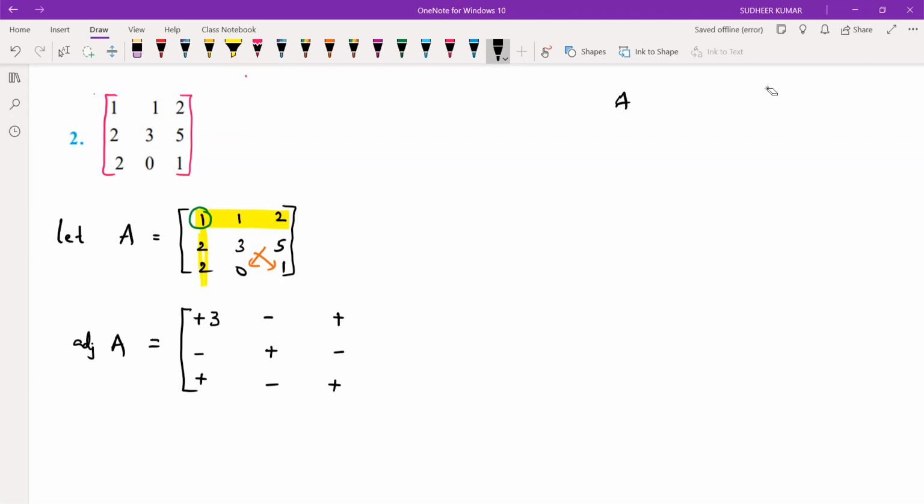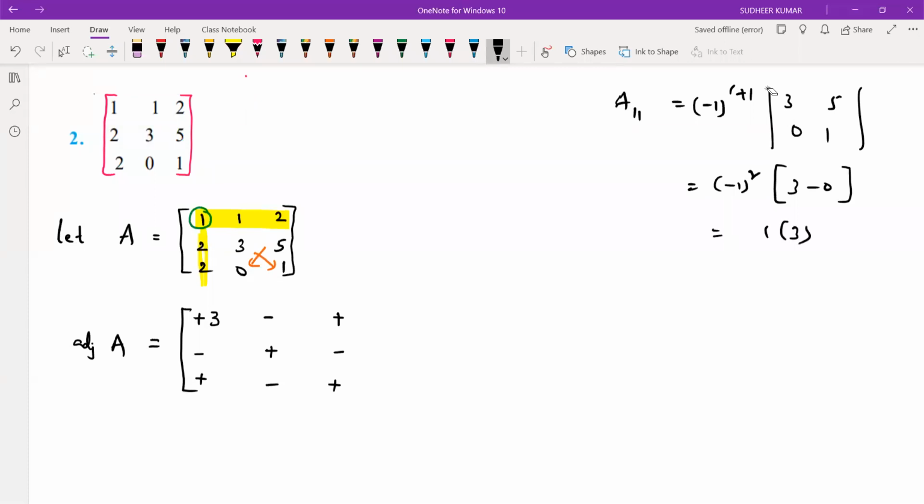Or else we'll write it. A11 is minus 1 whole to the power of 1 plus 1 times the determinant of 3 5, 0 1. So this is minus 1 whole squared into 3 minus 0, so 1 into 3 equals 3.